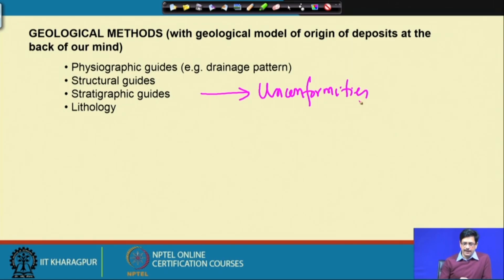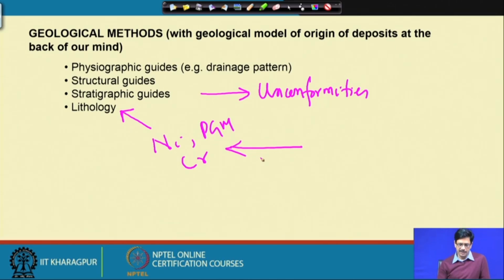And then the lithology, which of course gives us the very fundamental idea. For example, if we are looking for nickel, platinum group of metals or chromium, we have seen very clearly that we have to go to areas where there are ultramafic complexes, in the form of layered complexes or the bodies that we have seen.